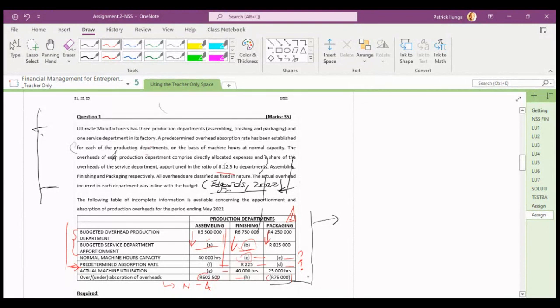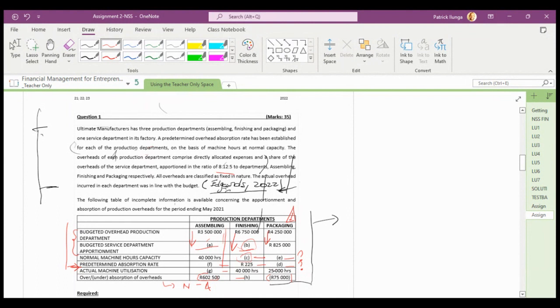So, ladies and gentlemen, I believe that this will be quite an easy question, and again, even if you would tell me that this is quite a difficult question and you do not know how to answer it, there is another example in learning unit 5 very similar to this one.